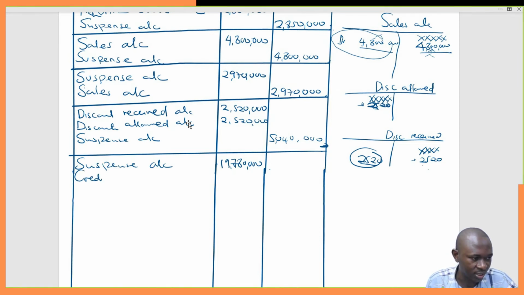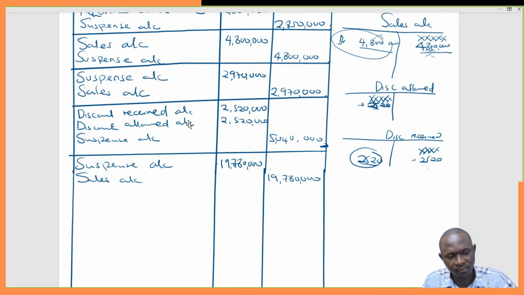Sorry, this is the sales account. Sales account, how much? 19,780,000, like that. So we sold goods in cash, but we did not record the same in the sales account.